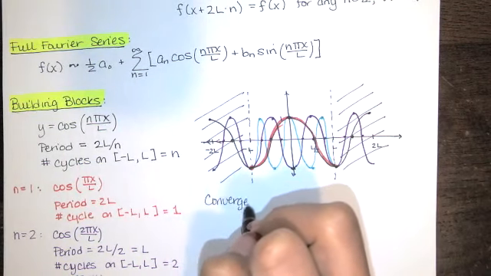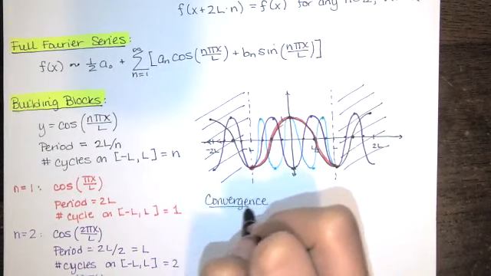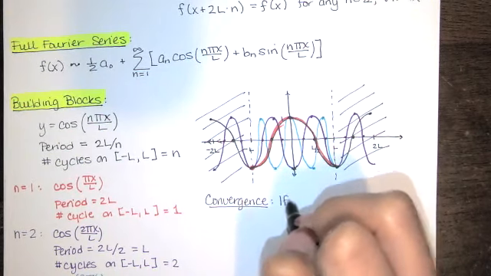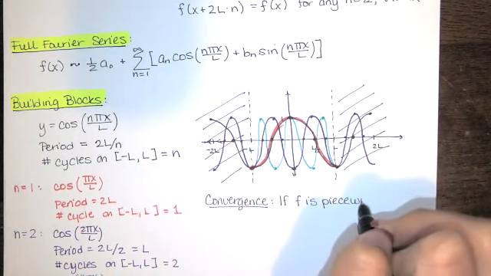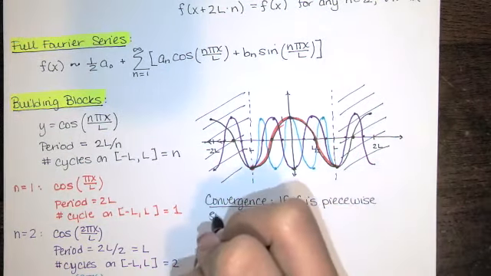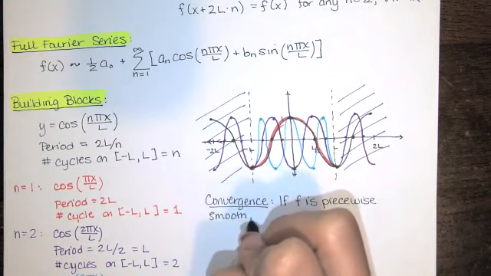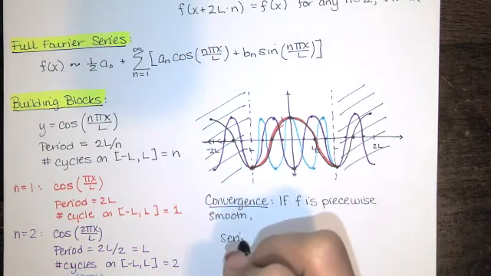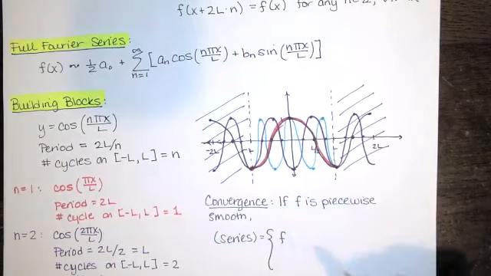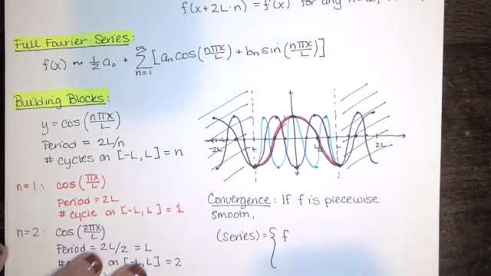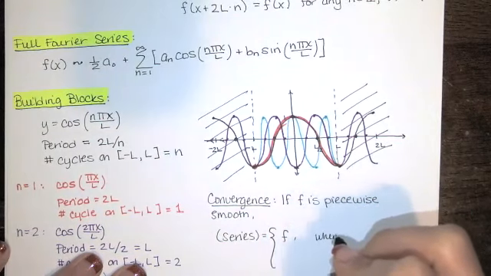And we talked about that in the last video as well. So we said if f is piecewise smooth, then the series that we are constructing will converge to f. It's going to give us exactly what we want when f is continuous.